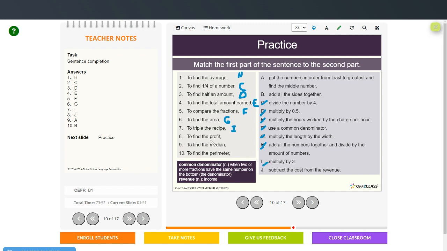To find the profit, you would need to subtract the cost from the revenue. To find the median, you would need to put the numbers in order from least to greatest and then find the middle number. And then to find the perimeter, you would need to add all the sides together.